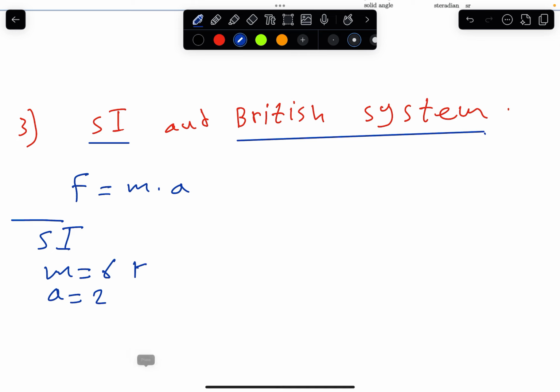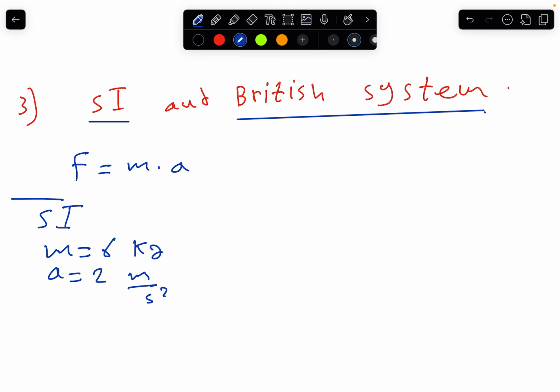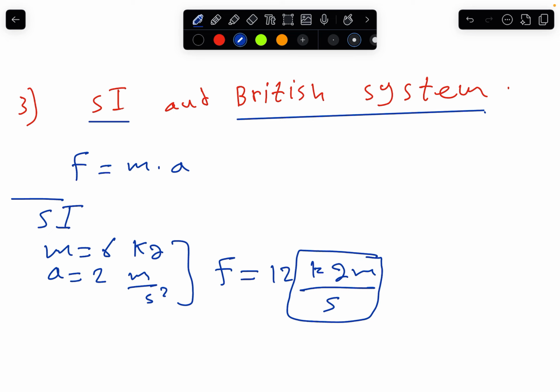This is kilogram, and this is meter per second squared. When we want to know the force, it is going to be 12 kilogram meters per second squared. Focus, guys, this is important: this value is Newton.